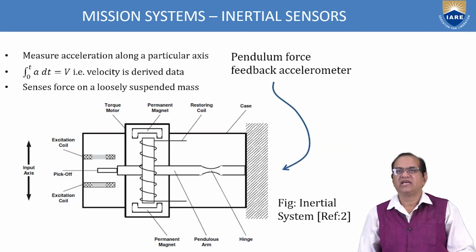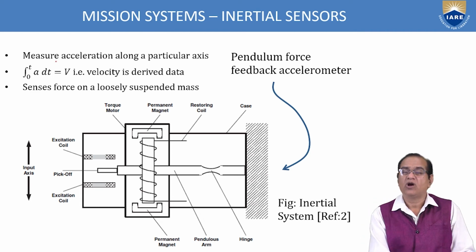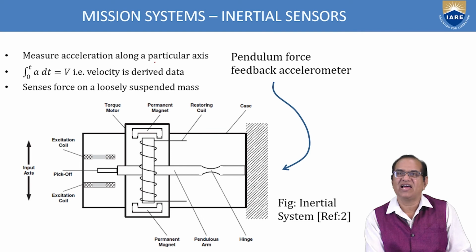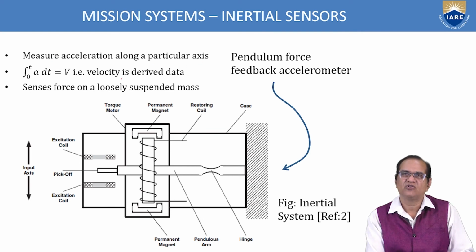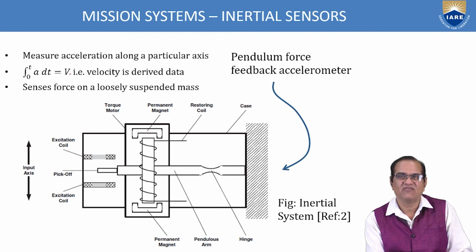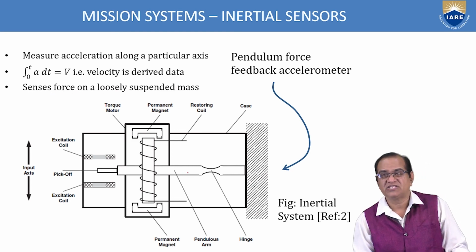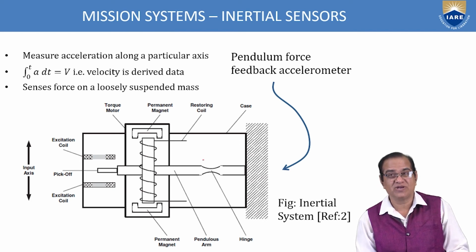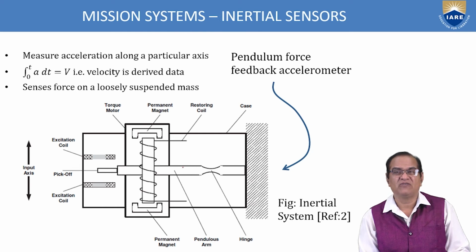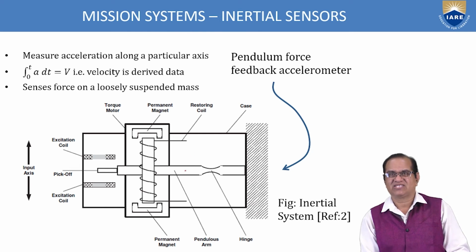Then inertial sensors further. How is it working? It measures acceleration along a particular axis, so the integral from 0 to t of a dt gives the velocity, which is derived data. It senses force on a loosely suspended mass, and force is equal to mass times acceleration. Mass we know, so we can find out the acceleration.